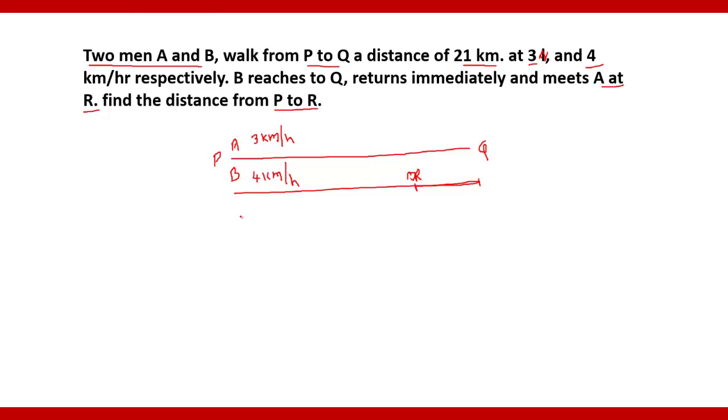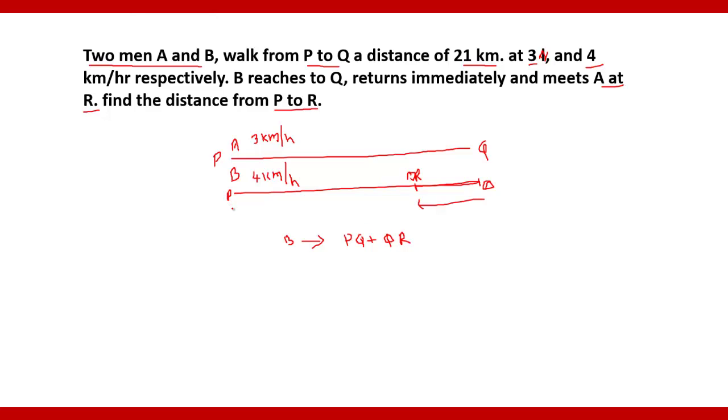This shows that B has traveled a distance of P to Q and back to R. It means PQ plus QR. Therefore, the distance traveled by B is PQ plus QR.